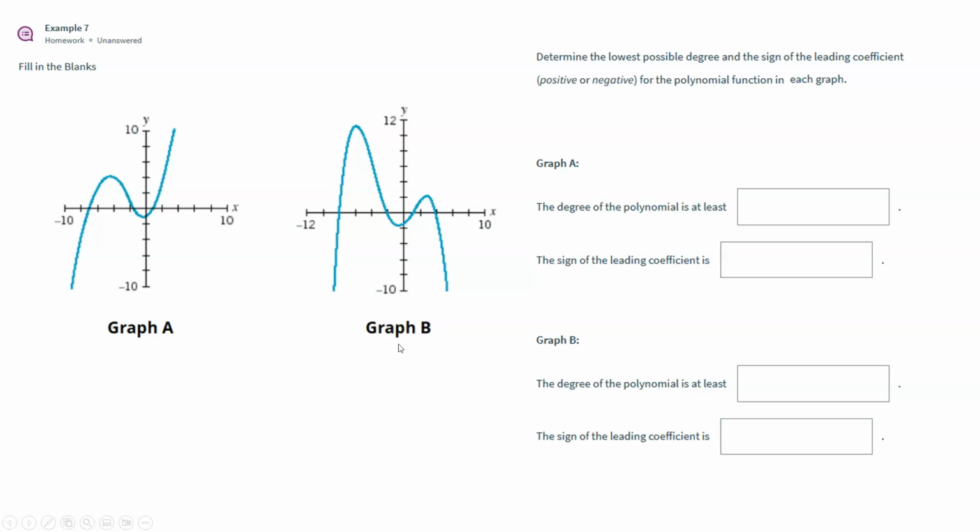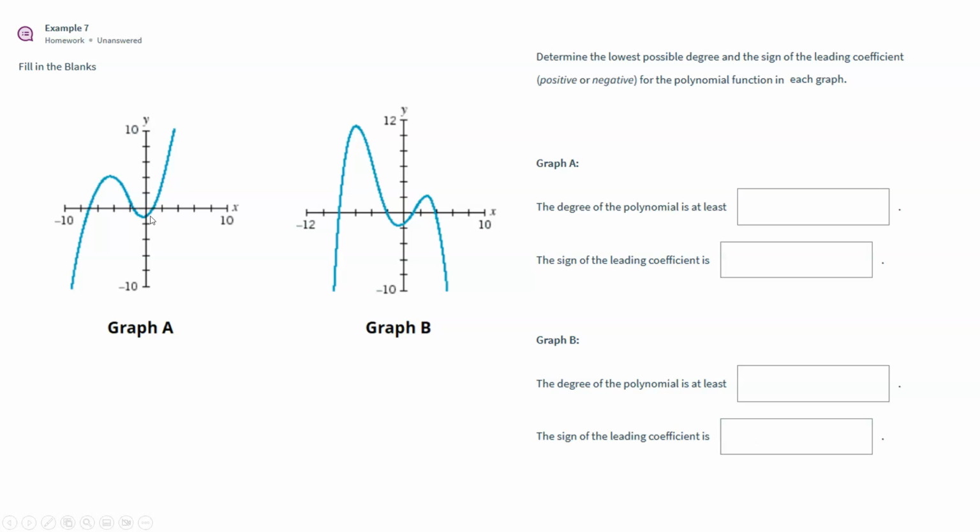Along the same lines, here's graph A. You can see I have 3 x-intercepts, 2 turning points. That means minimum, this has to be a degree 3. It could be higher, because, I mean, there could be other roots that aren't real. So anything involving i and things like that aren't going to show up here.